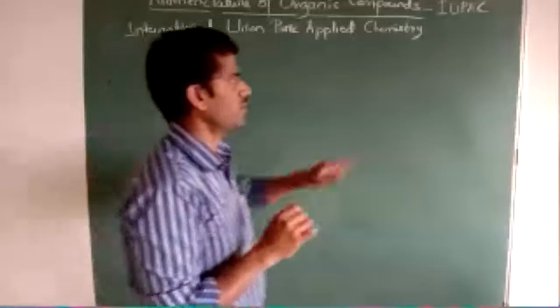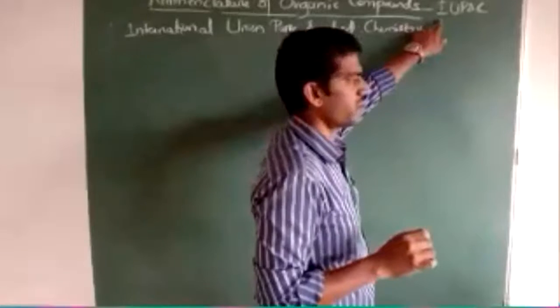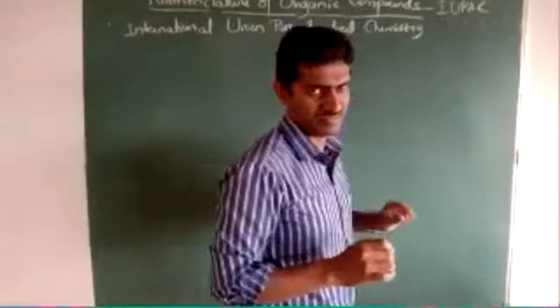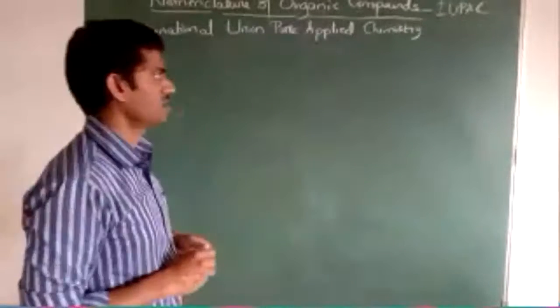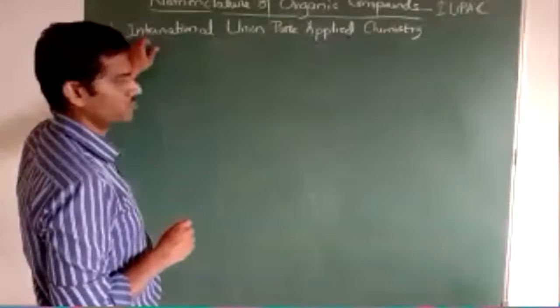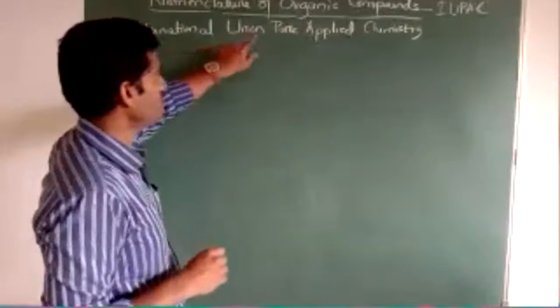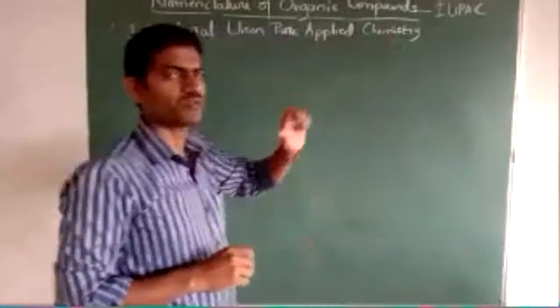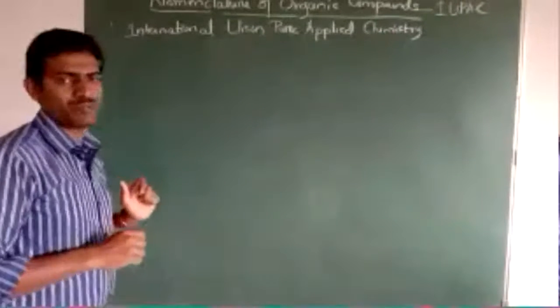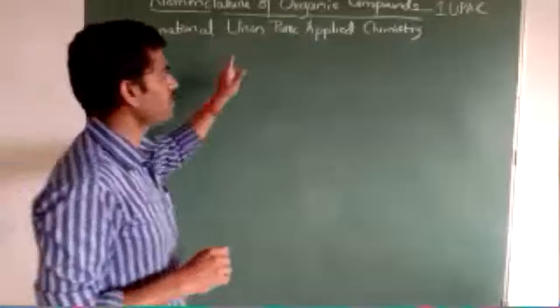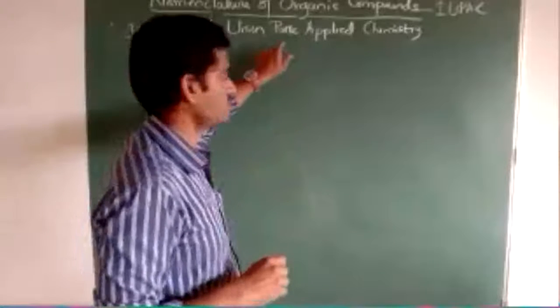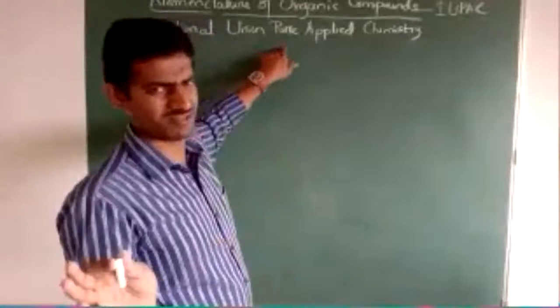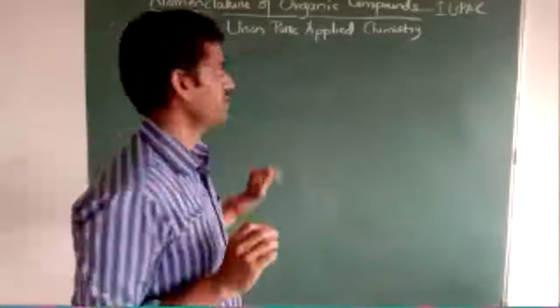At that time, one system was raised, that is the IUPAC system, International Union of Pure and Applied Chemistry. According to this only, we have to name the organic compounds. But we cannot name inorganic compounds using this one.